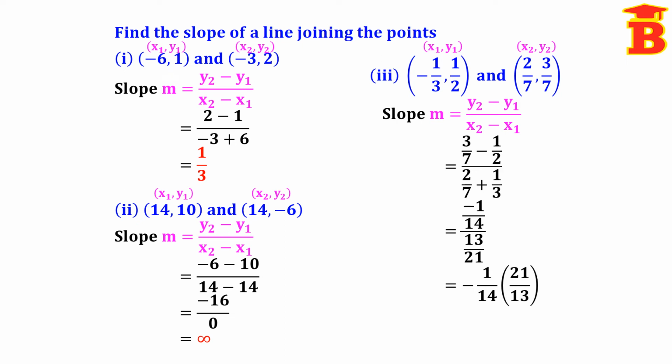And this can be taken as minus 1 by 14 into this denominator take reciprocal and multiply. So taking reciprocal we get 21 by 13, and now we can cancel this 14 and 21 cancel by 7. So this is 2 times, this is 3 times. So final answer minus 3 divided by 26.